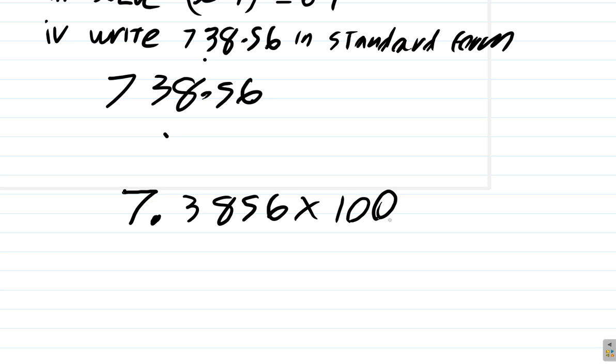What you must do is write as 10 raised to a power. So it's 7.3856 by 10 raised to the power of, to what power you raise 10 to get 100? It's 2. So there you have it. That is the answer. 7.3856 by 10 squared. So that's it for this part of the question.